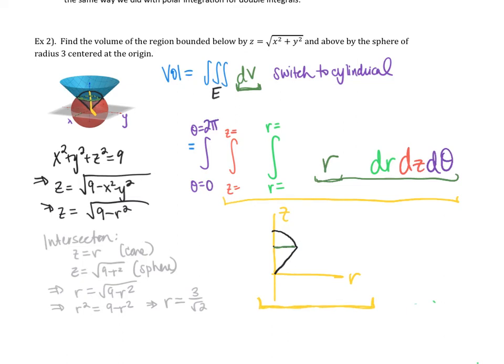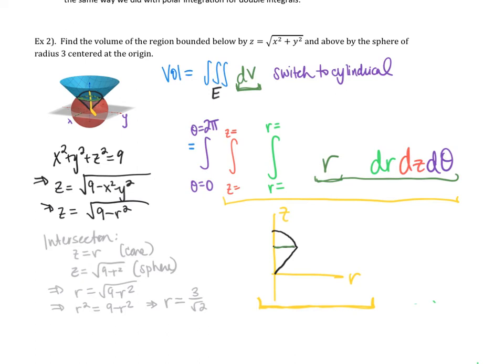You'll notice we're going to get the same result. But this is especially helpful if you're thinking of it with respect to r first. So just pretend, in your mind, that you're covering up this last integral, and that you really just have a double integral and you're trying to set it up.